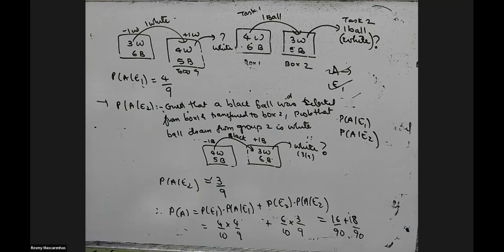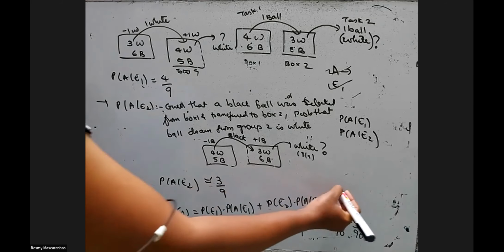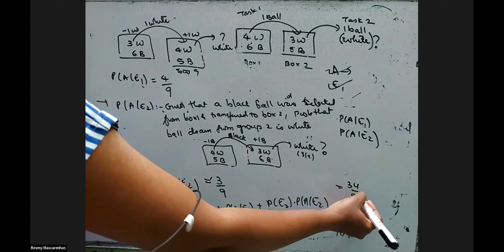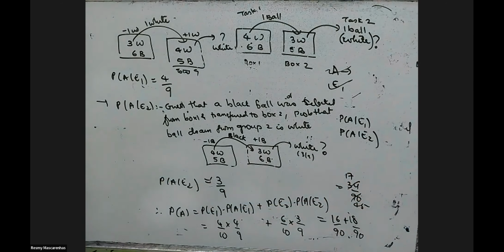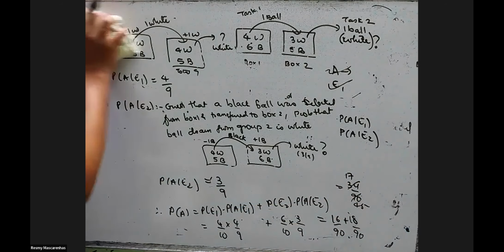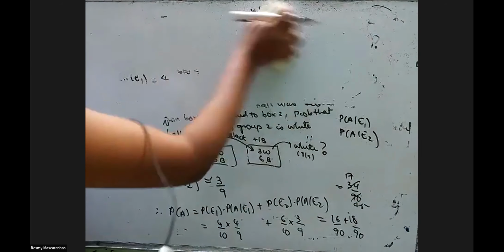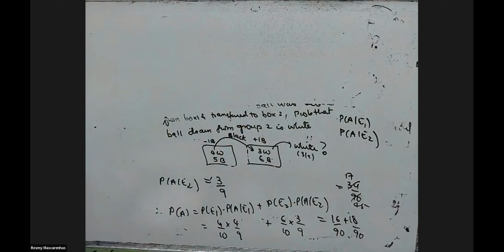Calculate and then write your answer. So that will be 34 by 90, which is 17 by 45. Same thing, question 3.